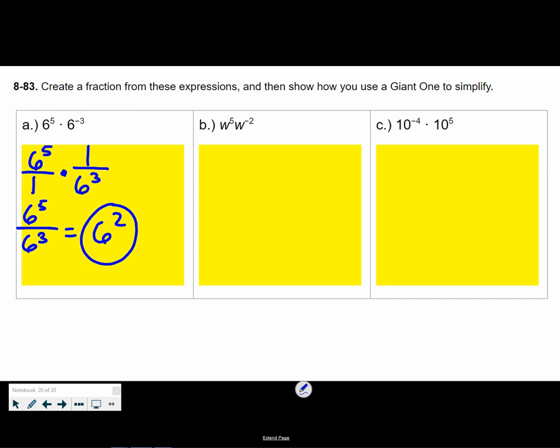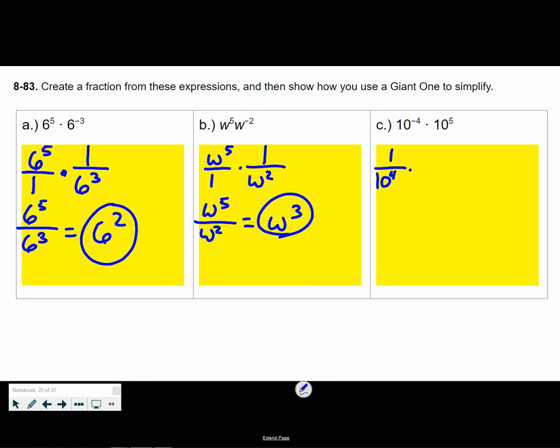This one, w to the 5th over 1 times 1 over w to the 2nd, w to the 5th over w to the 2nd, I get w to the 3rd power. This one is 1 over 10 to the 4th times 10 to the 5th over 1, so 10 to the 5th over 10 to the 4th, or just 10.